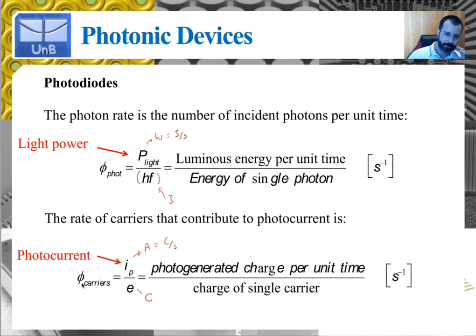Okay, so this will give us the number of electrons or holes per unit time associated with the photocurrent. So this is the rate of carriers, also given in units of per second.